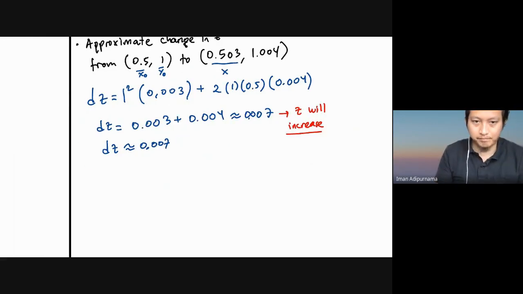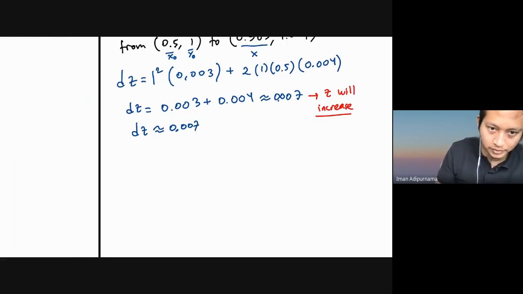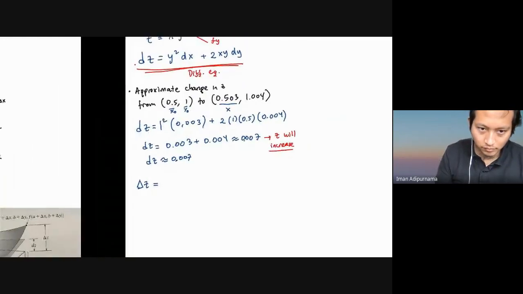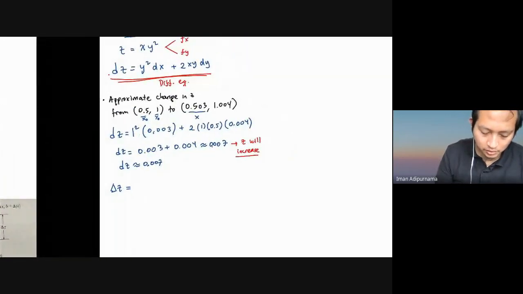Okay, if you want to look for the actual difference, we can use the difference with the original equations.